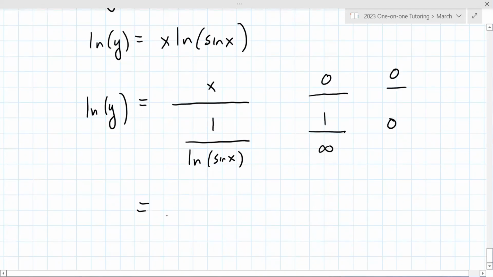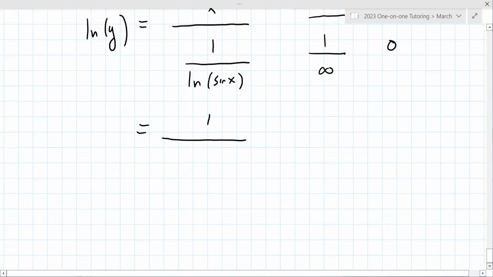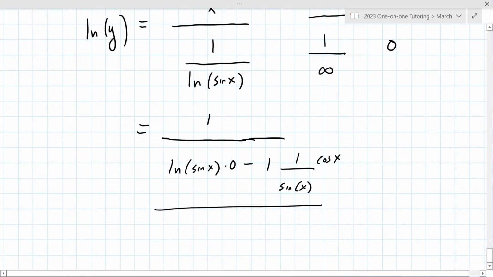The derivative of the top is 1. The bottom is quotient rule, kind of: the bottom times the derivative of the top minus the top times the derivative of the bottom, 1 over sine x times the derivative of sine, which is cosine x, all over the bottom, natural log squared of sine x.